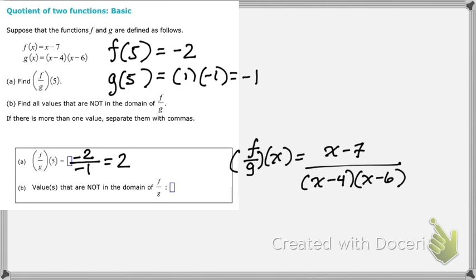And what's the domain problem here? The denominator cannot equal 0. So what values are not in the domain? The values that would make the denominator 0. So in this case, I can't have a 4 and I can't have a 6. Now that's different than asking what is the domain. This is asking what is not in the domain. So just be aware of that distinction when you're working on a problem like this.